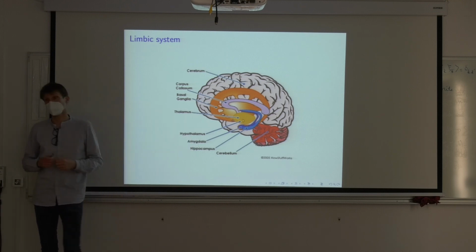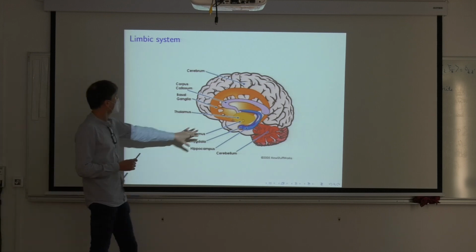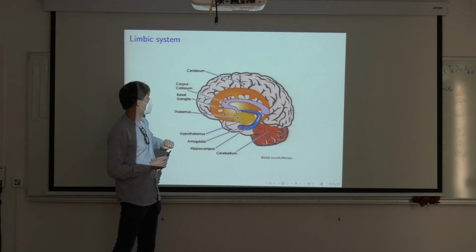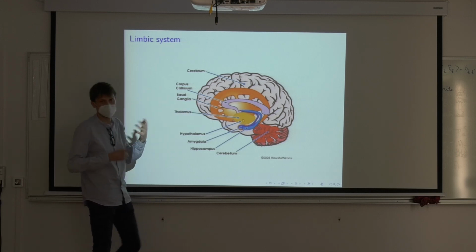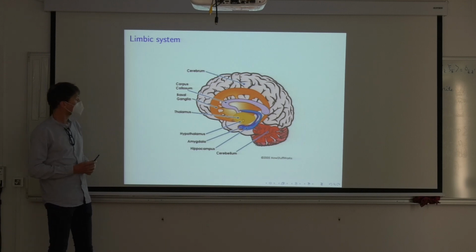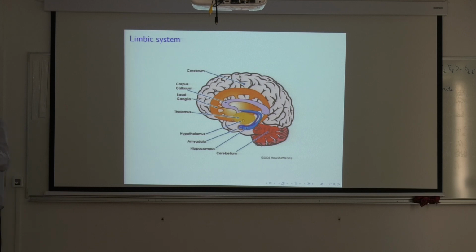Amygdala is an important structure for emotions and also the emotional content of memories. And there are other structures that I won't be telling you about, like basal ganglia, which are important for selecting actions, and hypothalamus, which is important for very basic functions like controlling body temperature, releasing hormones, and things like that.